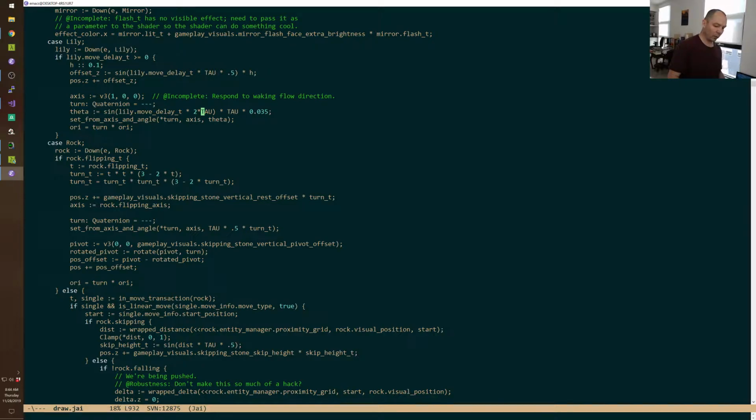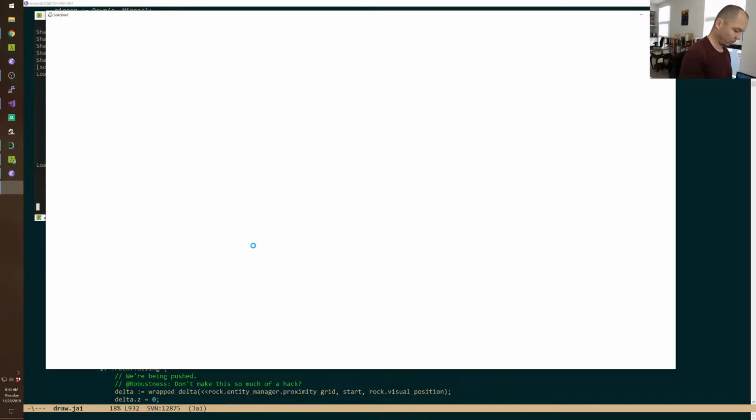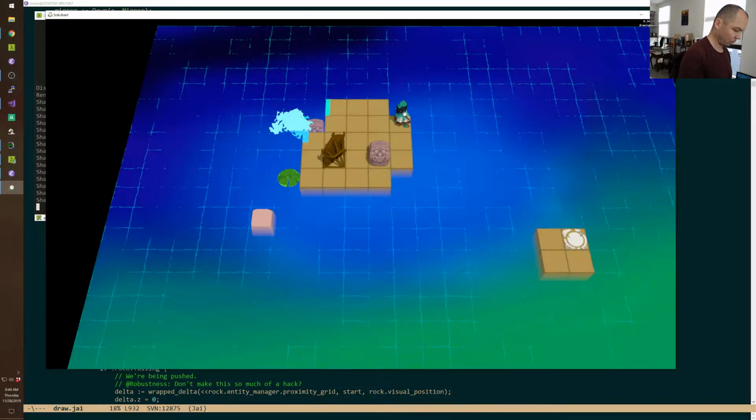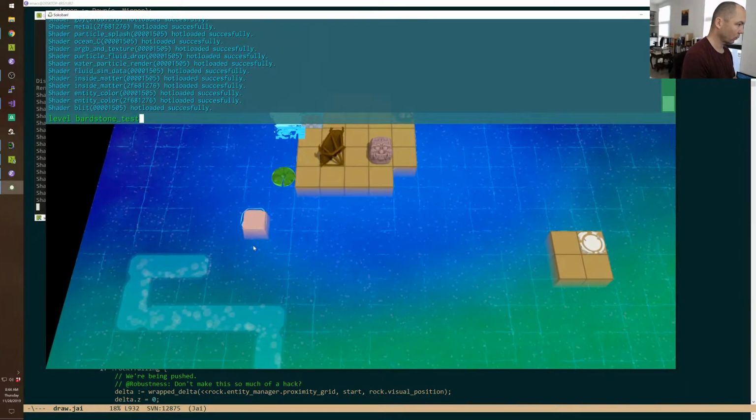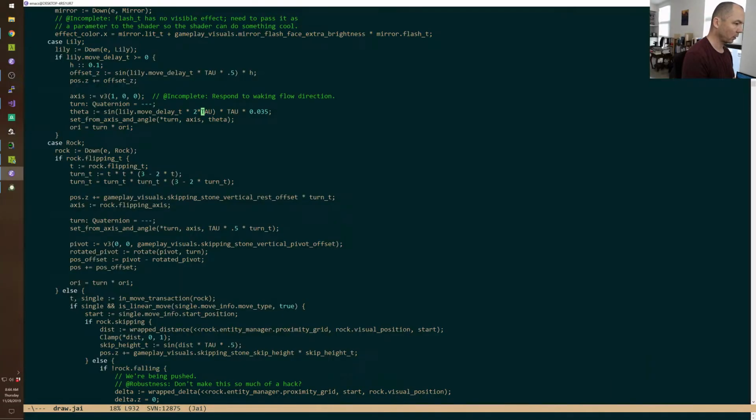So now, when we set a lily moving with a skipping stone, this is a weird one. This is one that we're going to want a test level to figure out. We'll use this one, because what the heck.